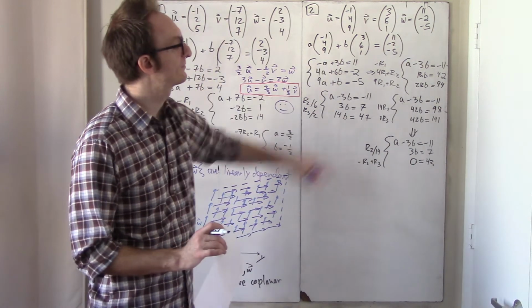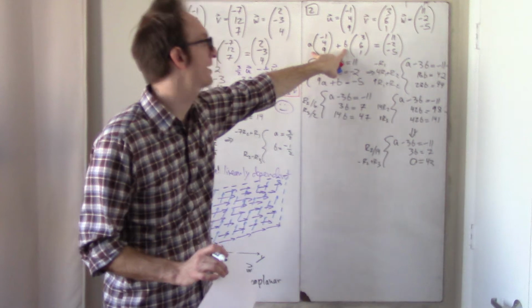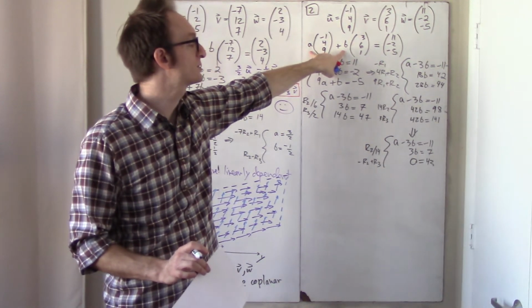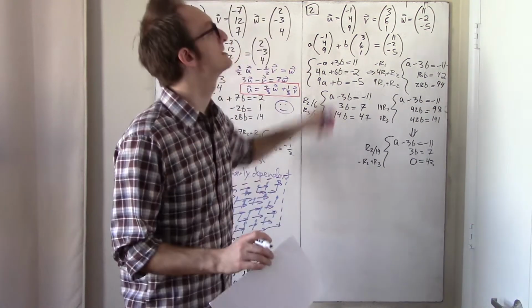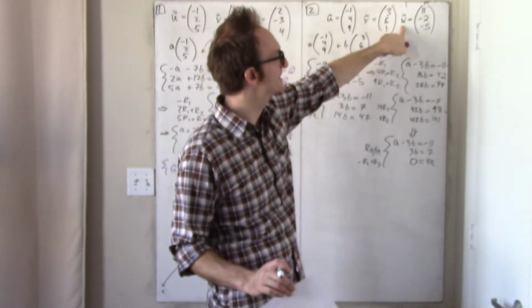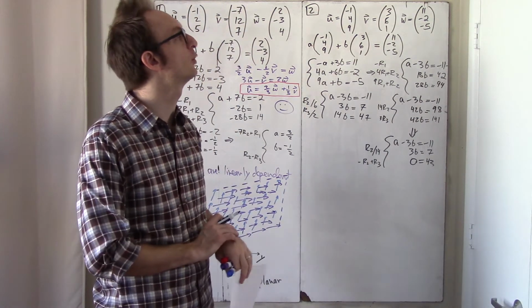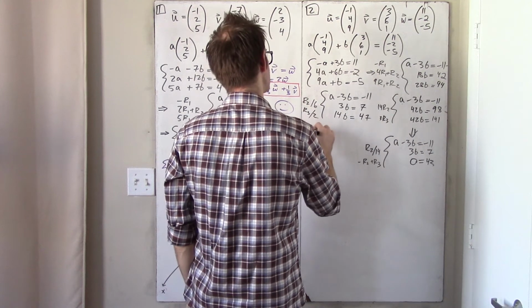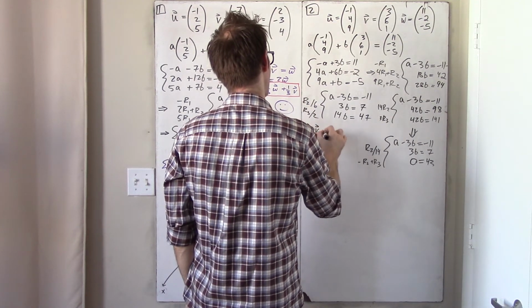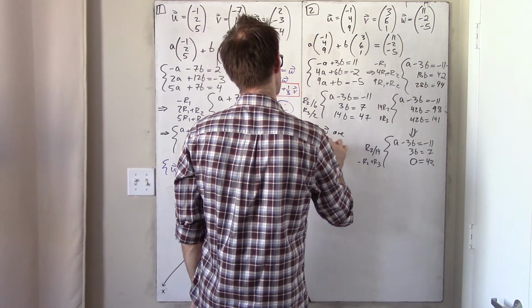And therefore, there's no pair of coefficients which will satisfy this vector equation. And that means that it's not possible in this case to express W as a linear combination of U and V. And therefore, in this case, U, V, and W are linearly independent.